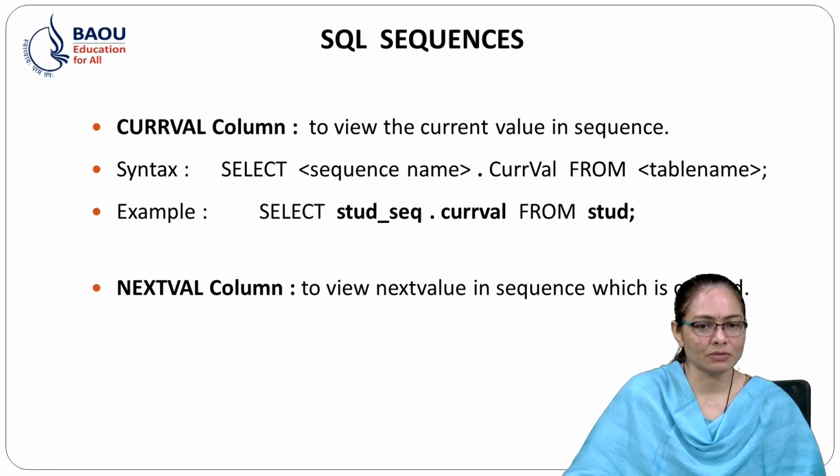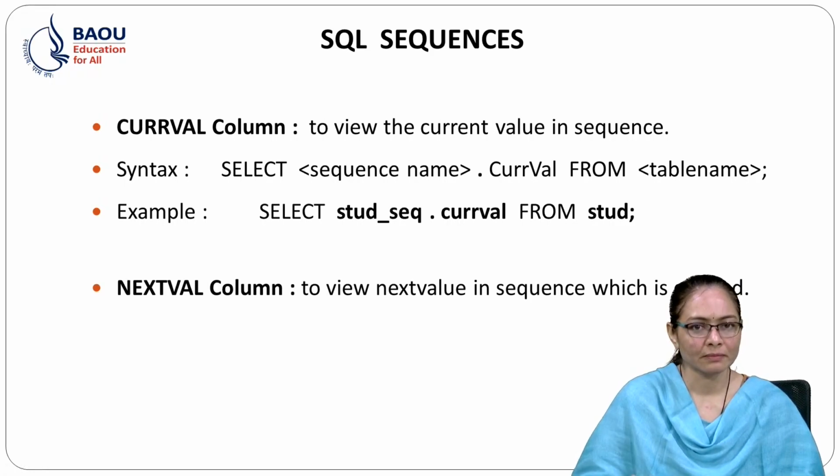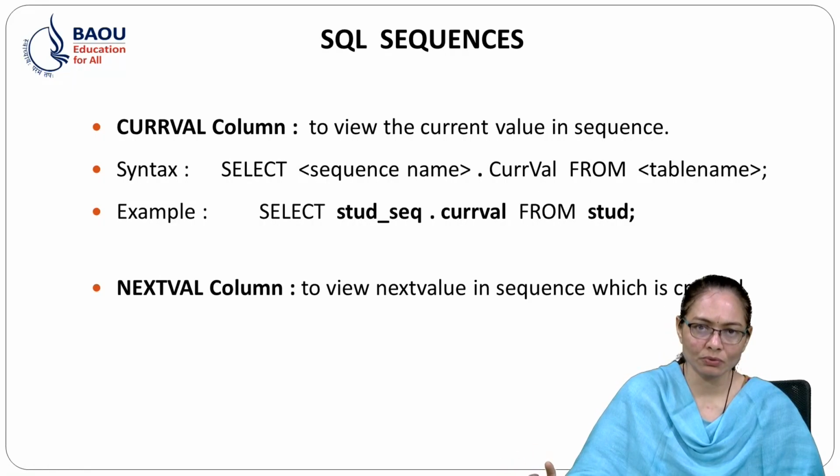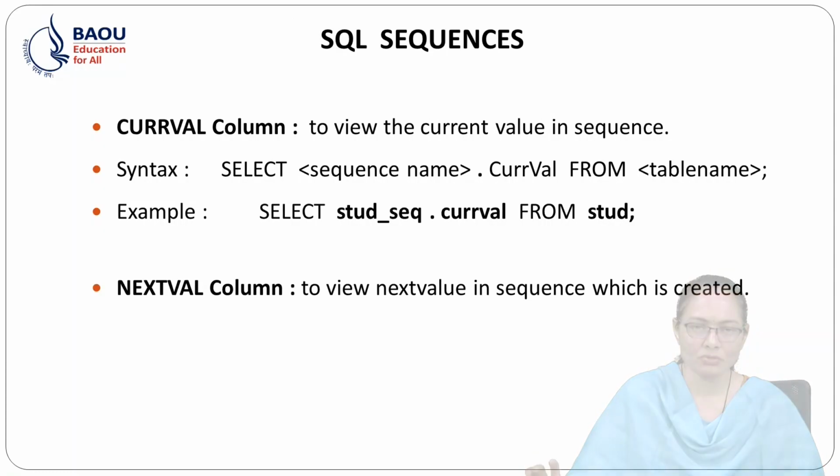Now, what is the use of the next value? Next val column: once the sequence is created, SQL can be used to view the value stored in the cache. Then the next val pseudo column is used to view the next value in a sequence which is created.